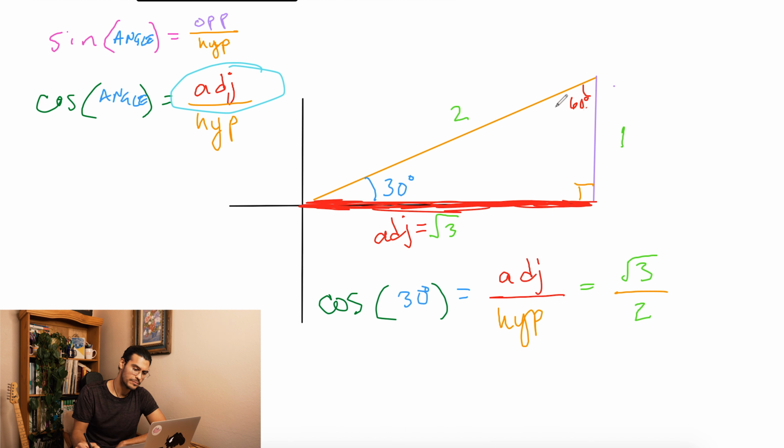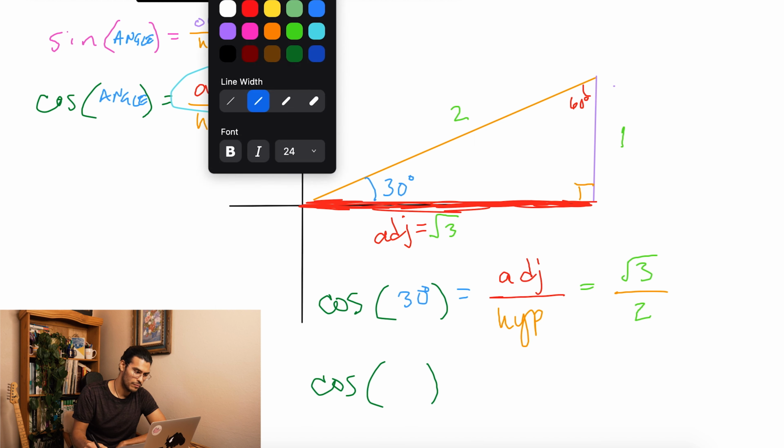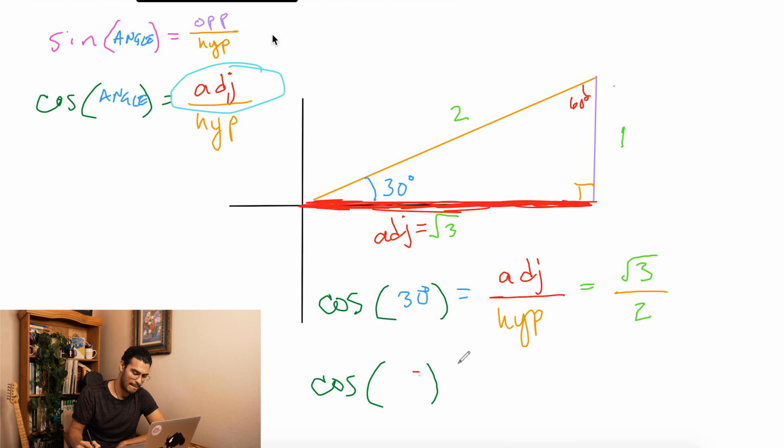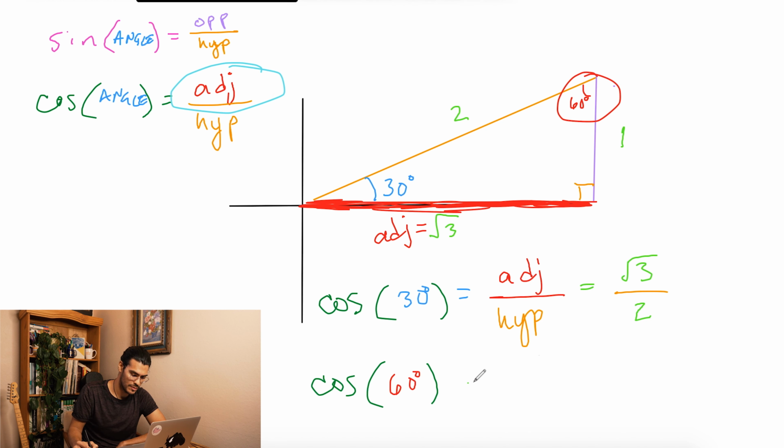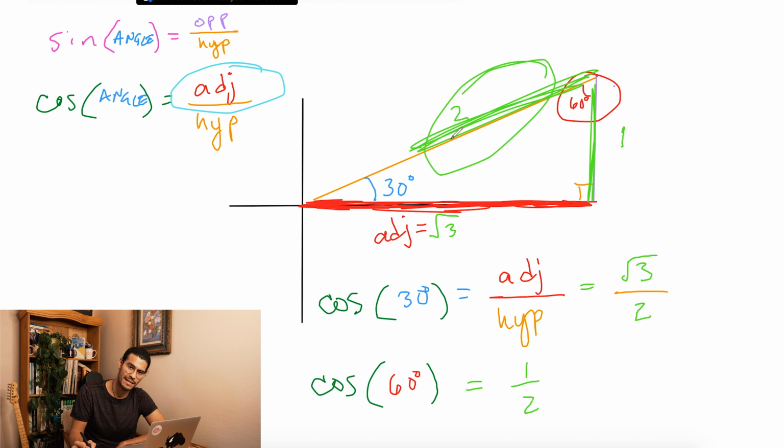But if we were looking at the cosine from the 60-degree perspective, the adjacent side in this case is this, right? Because these two lines form the 60-degree angle, but this side is the hypotenuse. So the adjacent side is 1.